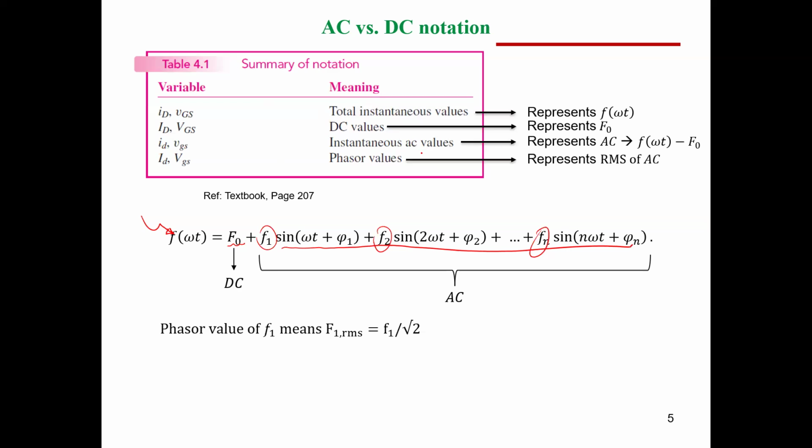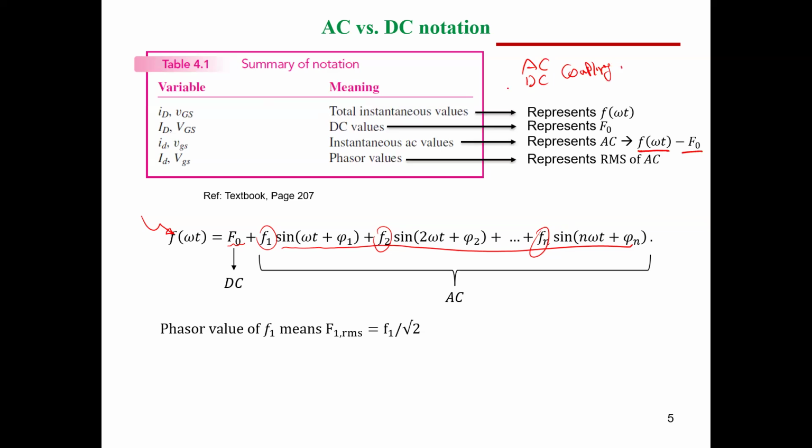Which means the AC response of your waveform. And AC response means the waveform minus the average value. So the AC can be represented by the waveform minus the average value of the waveform. For that, guys, if you are measuring any signal on an oscilloscope, you have what's called AC coupling and DC coupling.